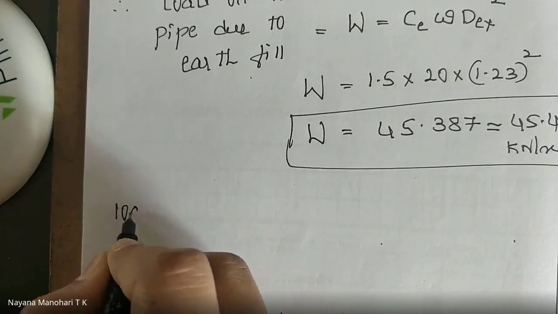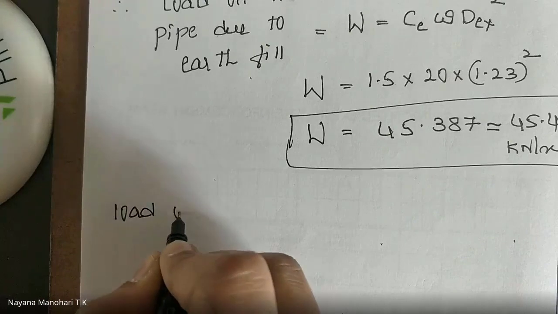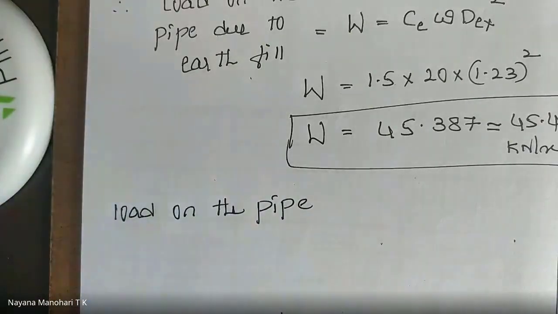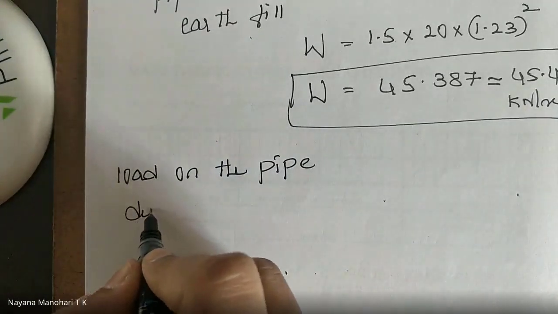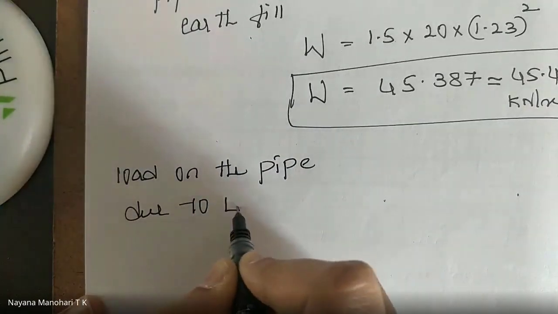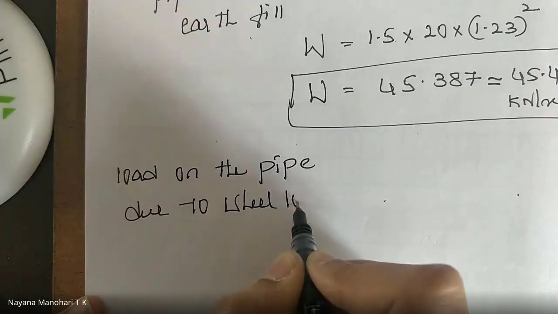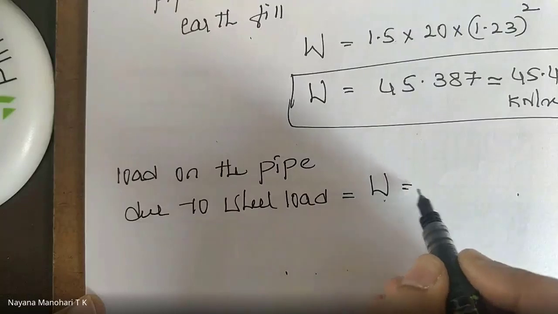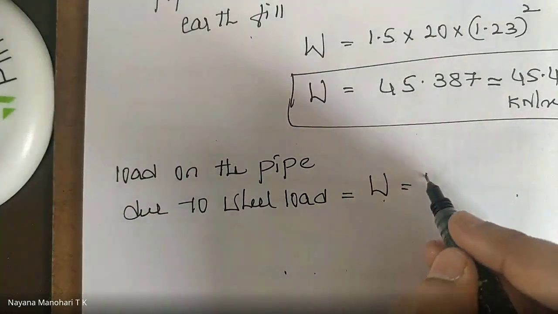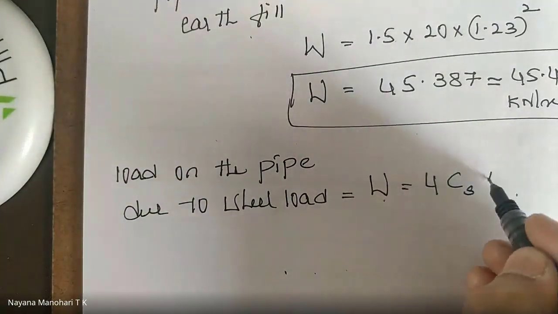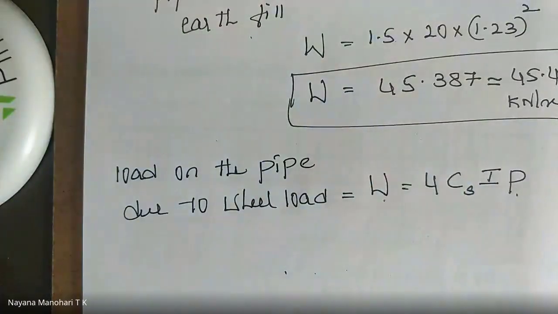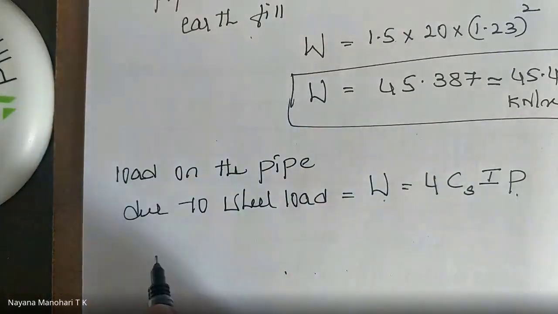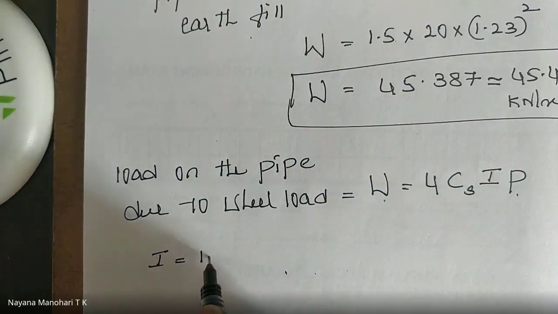Next step is the load on the pipe due to wheel load. That is given by W equals 4 into Cs into I into P. I is the impact factor, I equals 1.5 for highways.